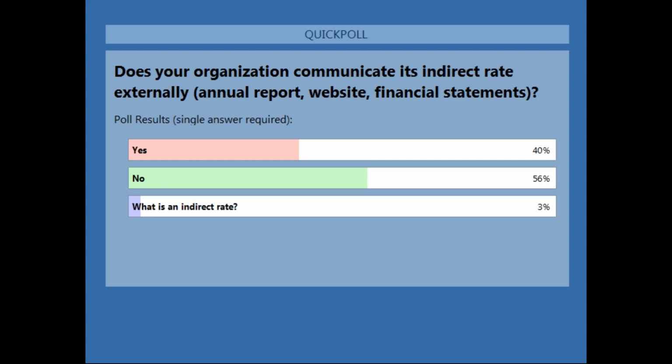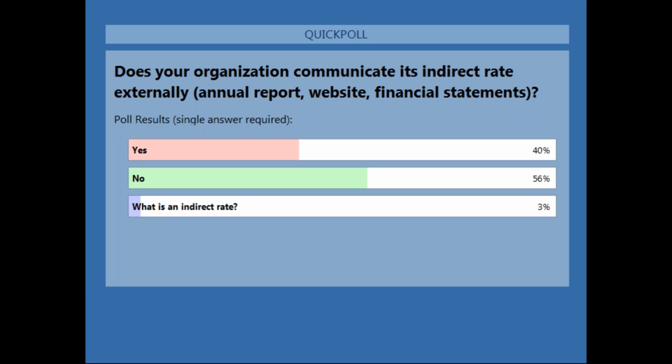Okay, so it appears that most organizations are not communicating indirect rates externally. Certainly there isn't a requirement here, but it's important that an organization, when it does report to its major donors and presents financial statements, is able to say these numbers are representative of our overall administrative burden or our indirect rate calculation.